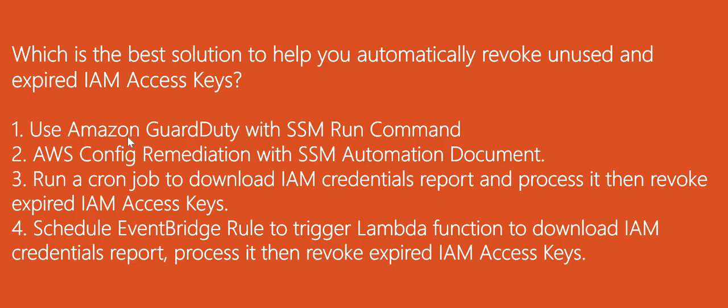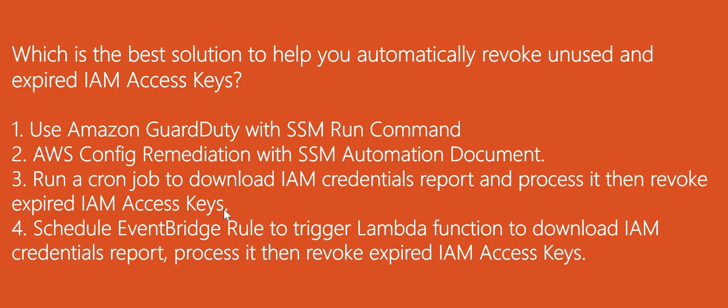let's see the options. Use Amazon GuardDuty with SSM Run Command. This is irrelevant. GuardDuty is not for monitoring and managing access keys. AWS Config remediation with SSM automation document. AWS Systems Manager provides a lot of automation documents, so that could be a possible answer. Next is run a cron job to download the IAM credential report, process it, and then revoke expired IAM access keys.